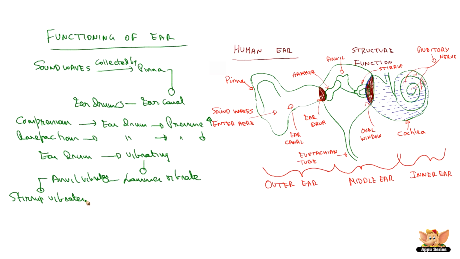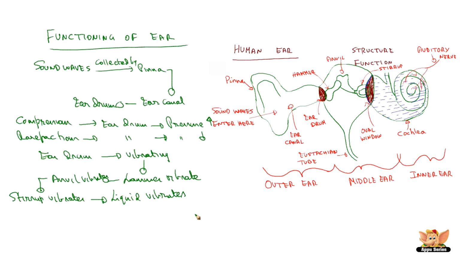Once this starts vibrating, the stirrup, which is in contact with the membrane of the oval window, strikes the membrane. Once it strikes the membrane, what happens? It passes on the vibrations to the liquid. Since it is in touch with the membrane, the liquid starts vibrating.